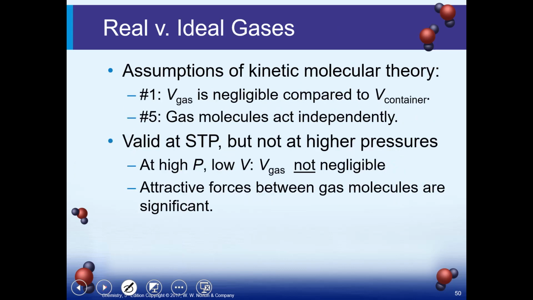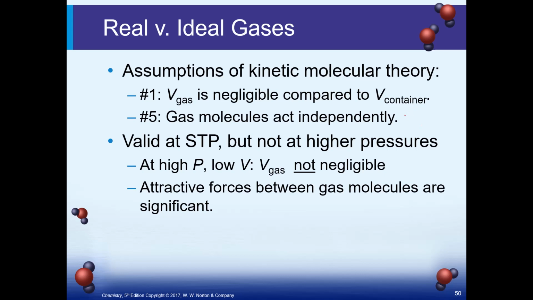Okay, so to wrap up, let's compare the kinetic molecular theory to what real gases actually do. There are a couple of assumptions that the kinetic molecular theory makes that are not really true of real gases. The first postulate is that the volume of the gas is negligible compared to the volume of the container.